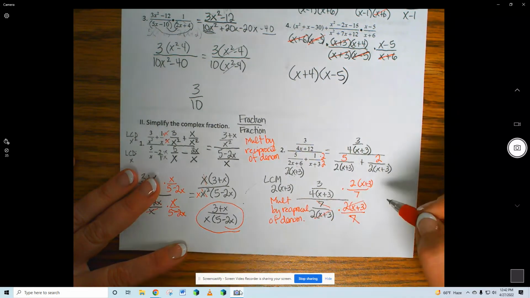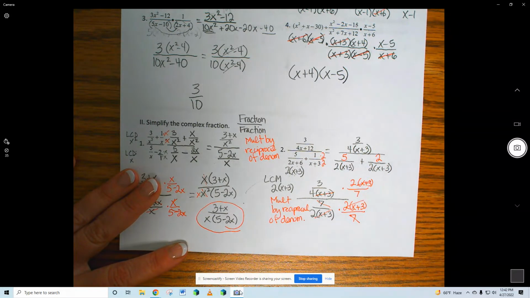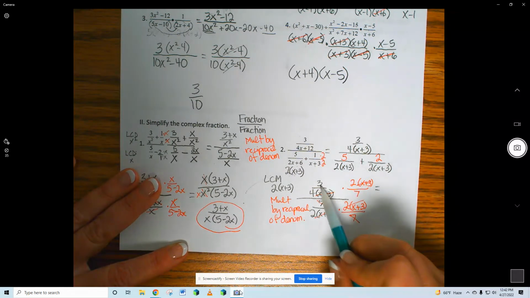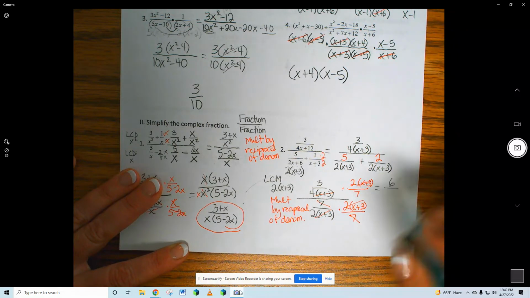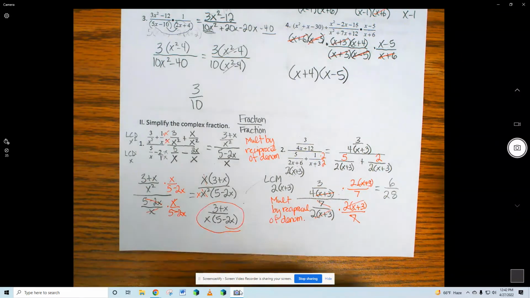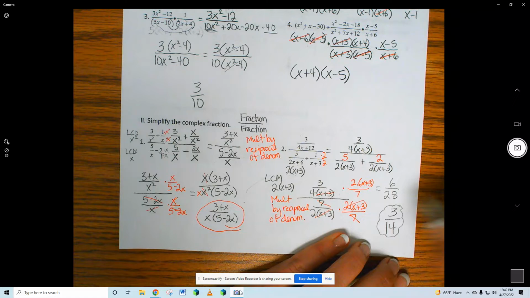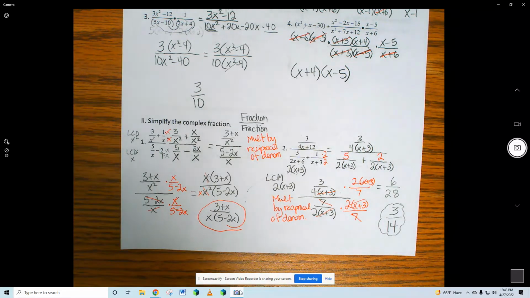But look, the x plus 3 is in common. I can cross out the x plus 3. So 3 times 2, 4 times 7. Sweet. Almost like pi. 3/14.